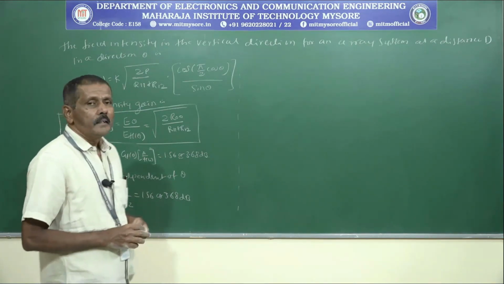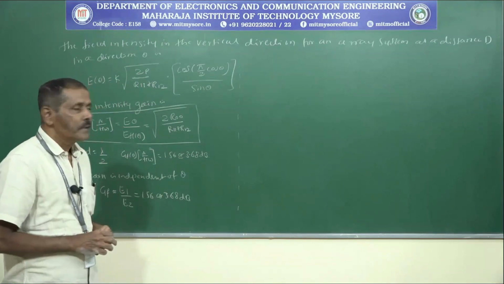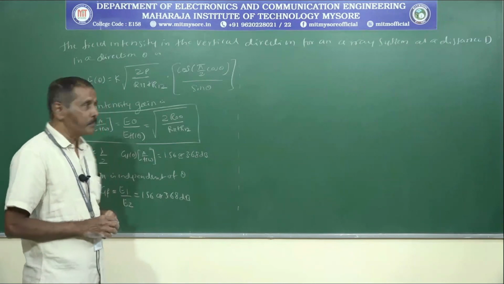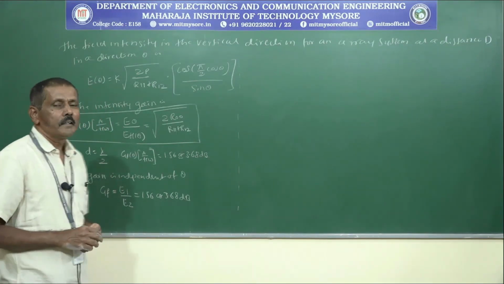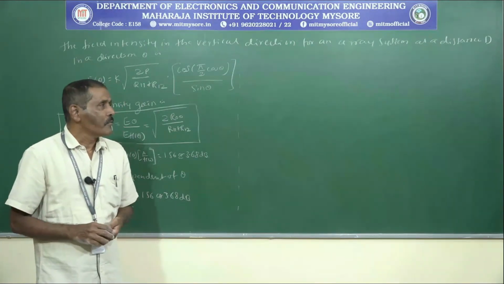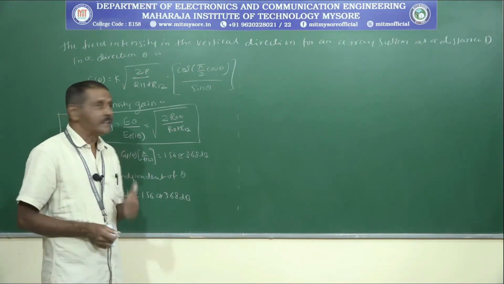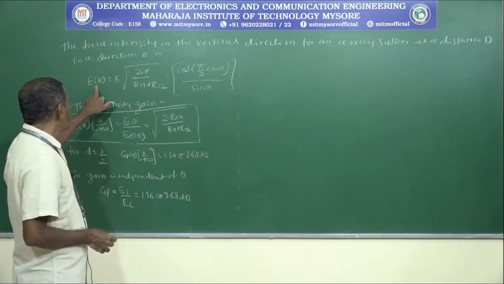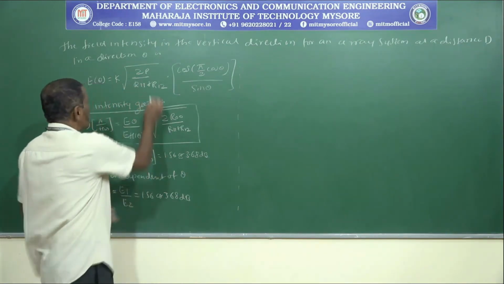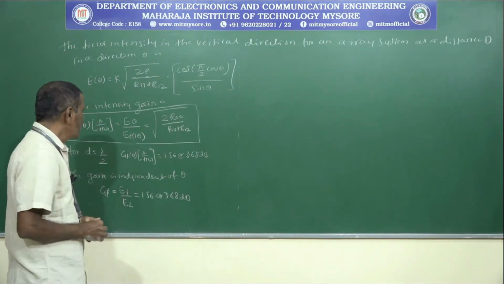The field intensity in the vertical direction for an array system at a distance d in a direction theta, that means we want to calculate the field intensity in the vertical direction for an array system at a distance d in the direction theta, is given by E of theta equal to k into root of 2P divided by (R11 plus R12) into cos of (pi by 2 cos theta) divided by sin theta.